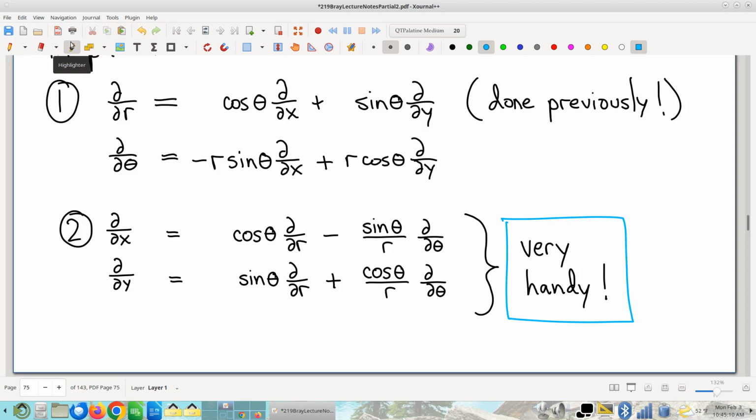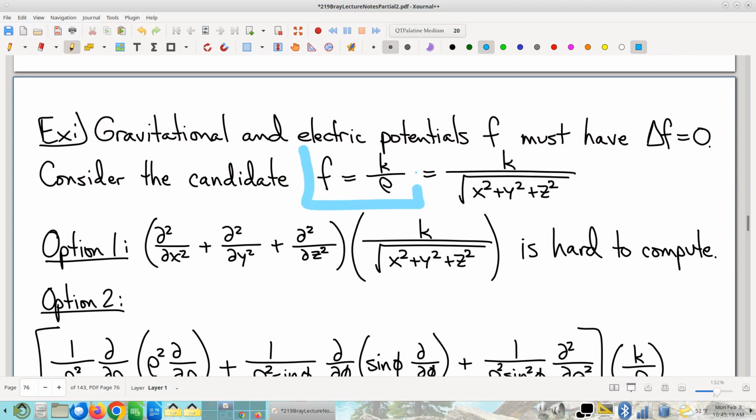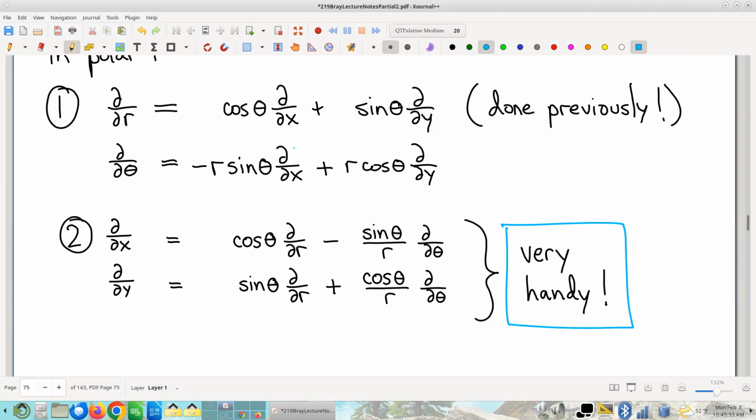There will be situations where you have a function that's very naturally expressed, let's look at this example, in a non-rectangular coordinate system. If your formula is written very conveniently in a non-rectangular coordinate system, how would I even compute the x and y partials?